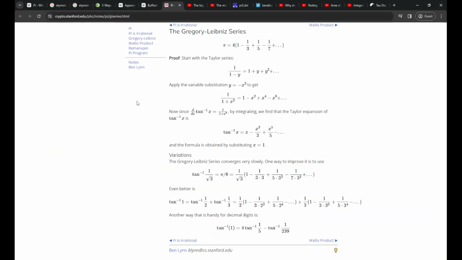Okay, so here we are, back to the Gregory-Leibniz series. They don't really show a good, elegant equation here for it, but it's going off of this one. Pi is equal to 4 times this sequence.